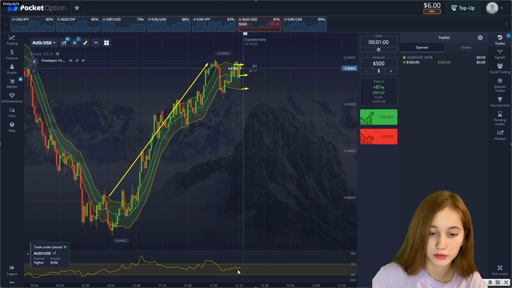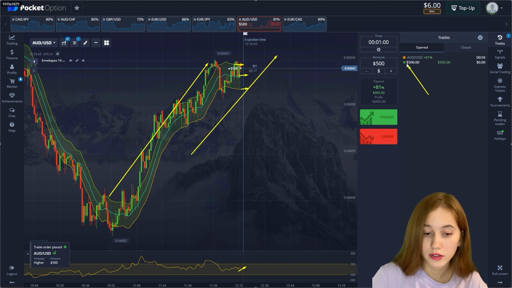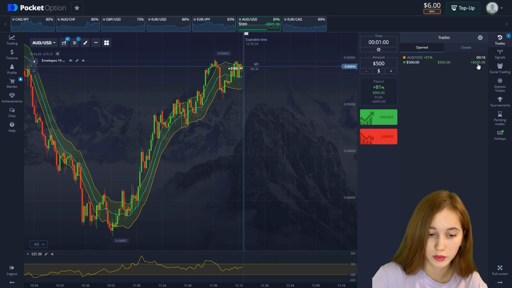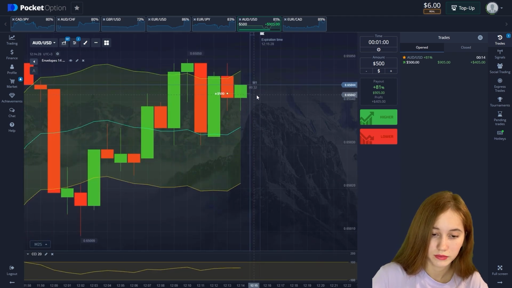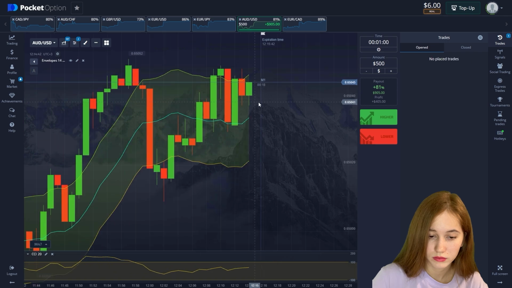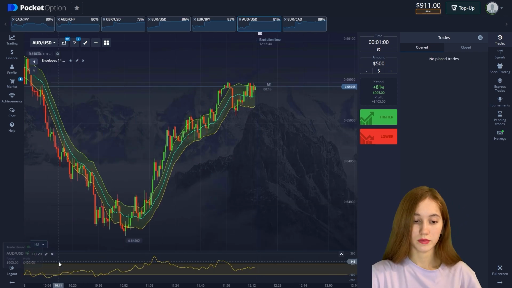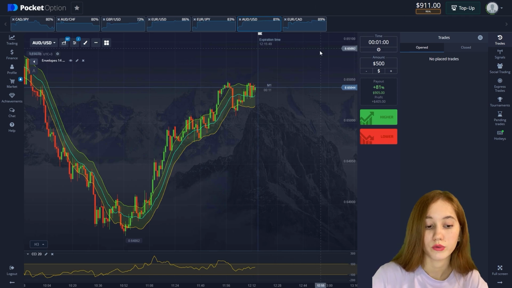By the envelopes, we are still in the upper limits. By the other indicator, so also growth. We see growth. Let's see. 18 seconds left. We are still higher of our opening points, but in no case should we. So we see growth. Yeah, plus deal. Our profit is 405.